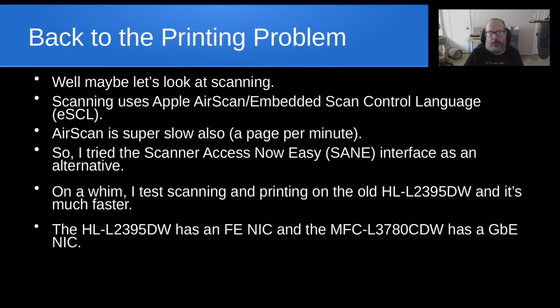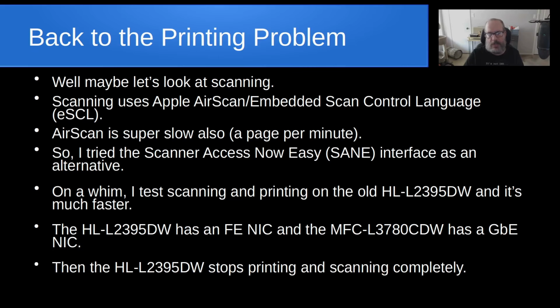So the HL2395, the older printer, has a fast Ethernet NIC, which is your 100 megabit NIC, and the MFC 3780 CDW has a full gigabit NIC, making it 10 times faster. So of course the printer with 1/10 the speed is much faster than the one with 10 times the speed, which makes no sense.